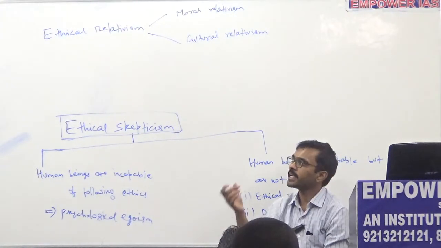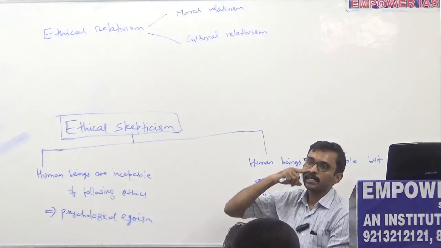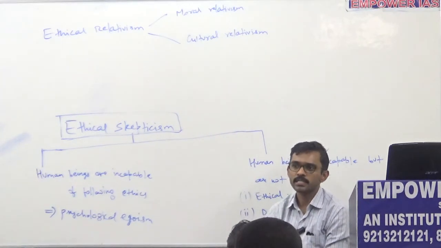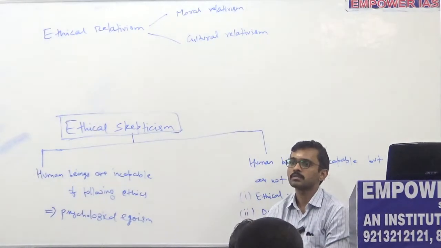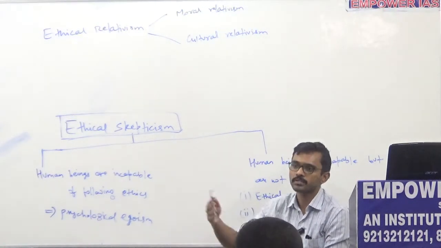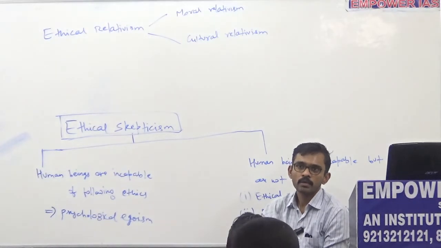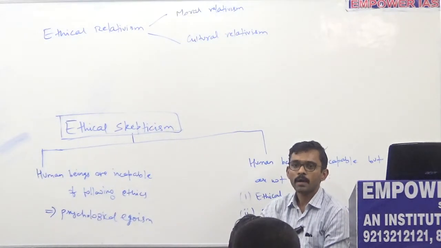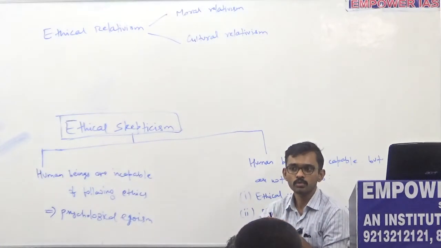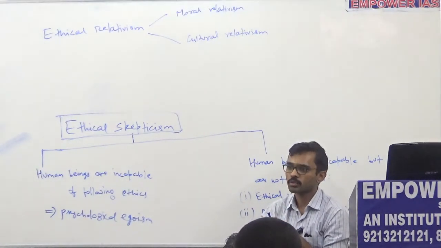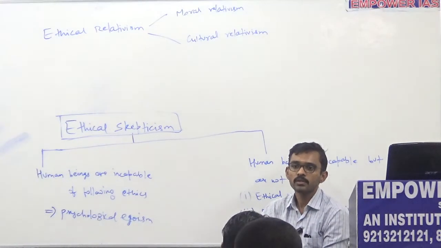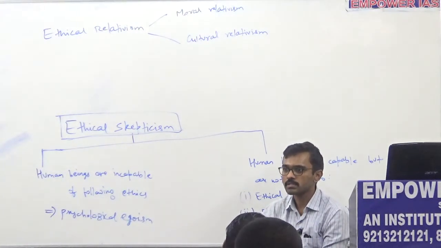Similarly, at an individual level, there are certain universal values: honesty, non-violence, the principle of beneficence. Beneficence means doing good to others. Okay, truthfulness. Now, you cannot say that no, I do not believe in honesty, my morals do not allow me to speak the truth. These are universal values which ought to be followed by all individuals.